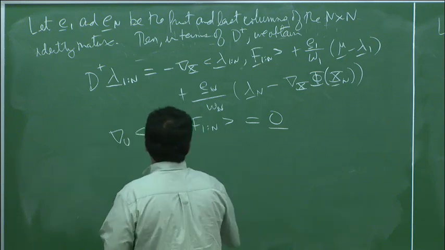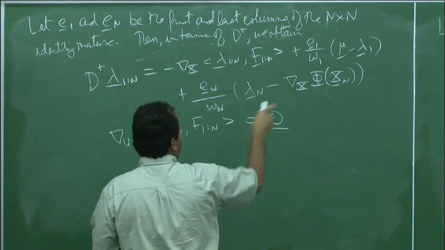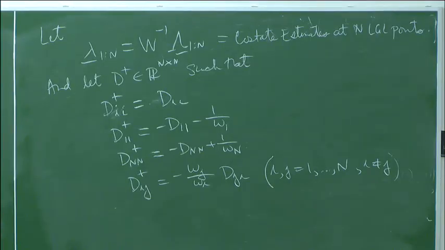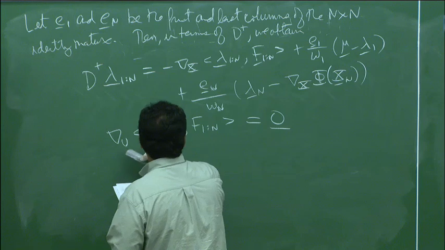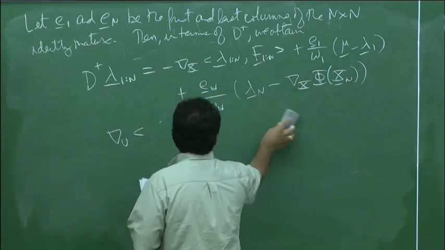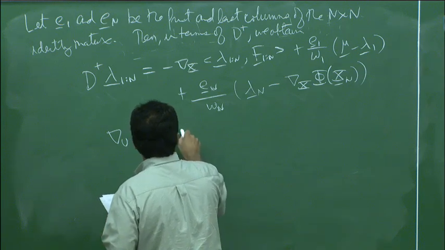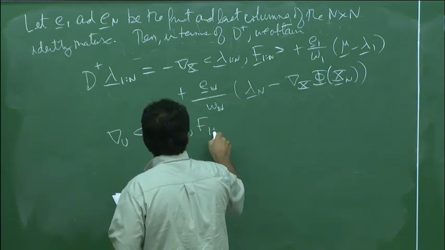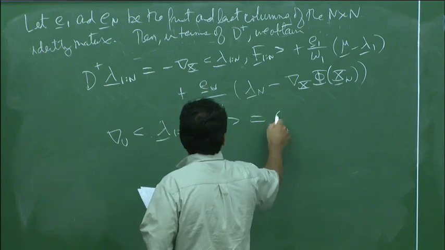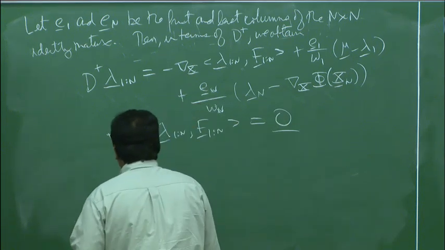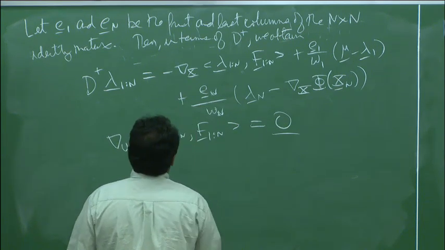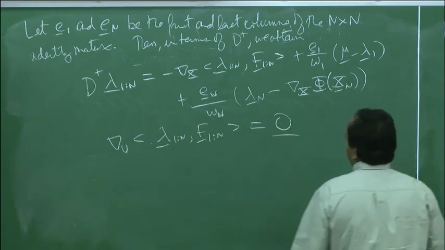But if you remember, that can be rewritten as the weight matrix, so you can factor the weight matrix out of this whole thing. So you just get little lambda 1 colon n, f 1 colon n is equal to 0. So if you look at this expression, you'll actually see that there's a bit of a problem here, right?